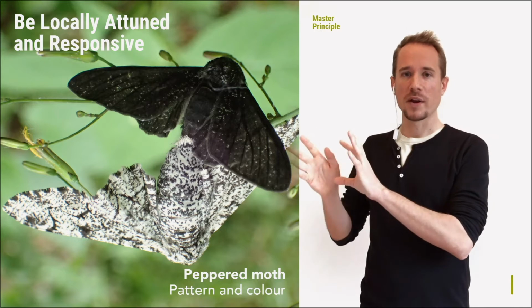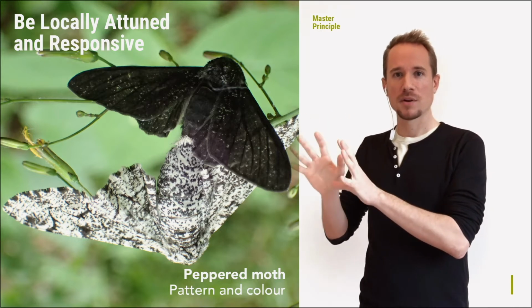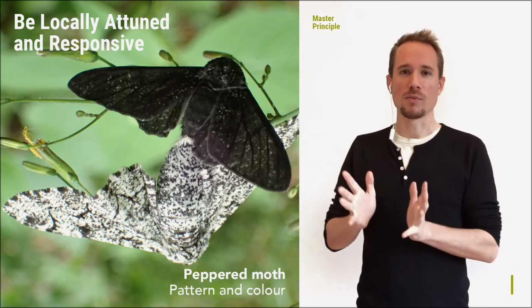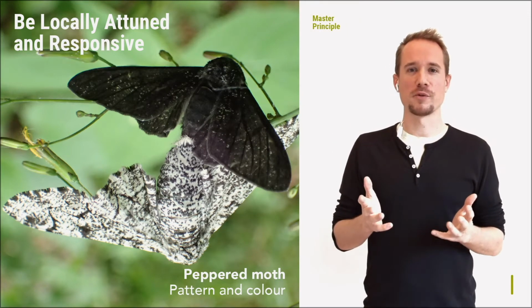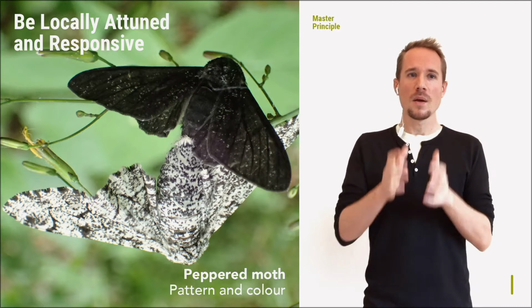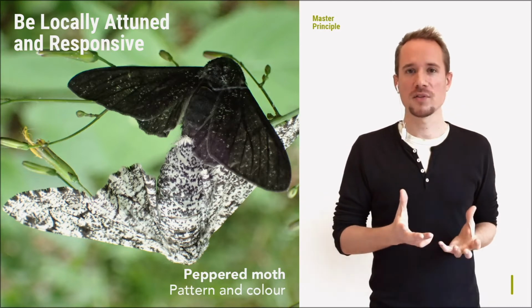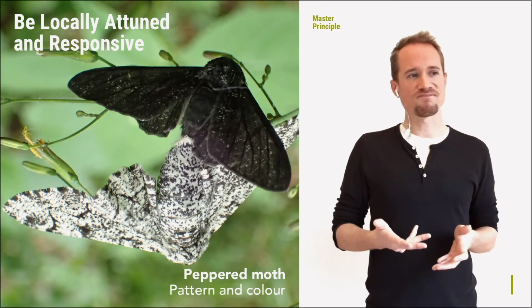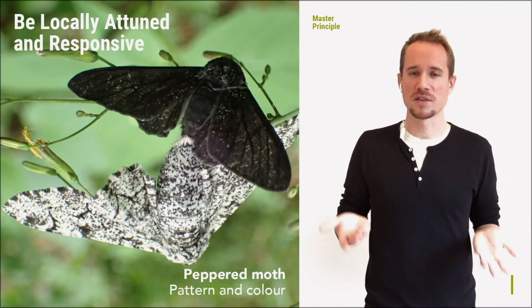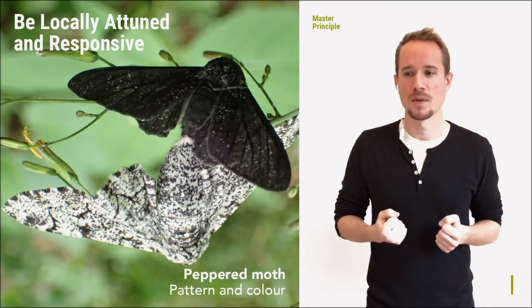They're white and gray, blackly peppered, and are almost invisible, basically, on the trunk of a birch tree. But in the population of peppered moths, there are some individuals that are very dark, and normally this is not very successful because they can be seen very easily.